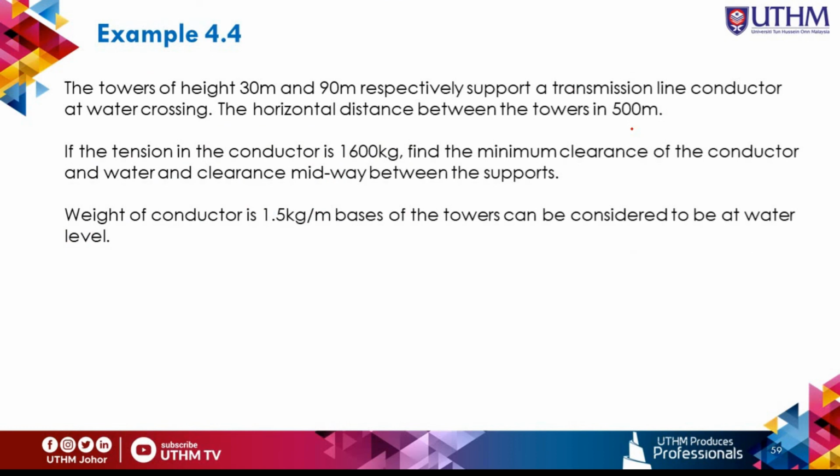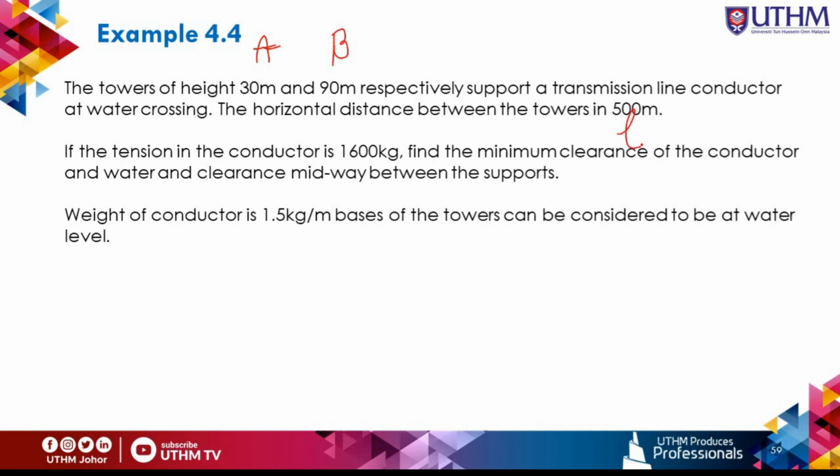So we look at example 4.4. Towers of height 30 meters for A and 90 meters for B respectively support a transmission line conductor at a water crossing. The horizontal distance between the towers is 500 meters, which is the span.